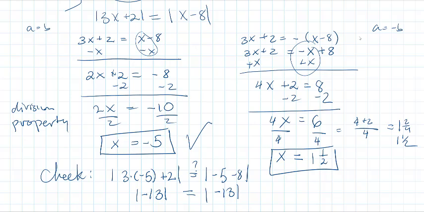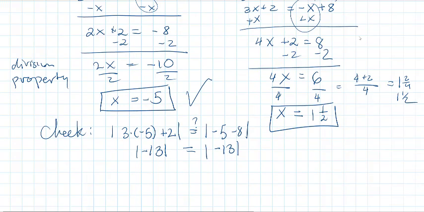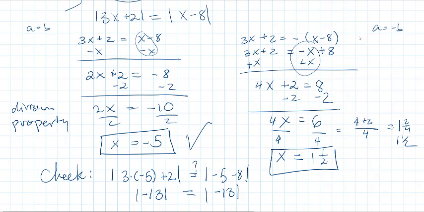Let's look at our other side. Here we have x equals 1 1/2. Again, we will substitute in our original equation. So we have 3 times 1 1/2. We'll write that out as 3/2 here. Absolute value of that plus 2 equals, question mark, the absolute value of 3/2 minus 8.